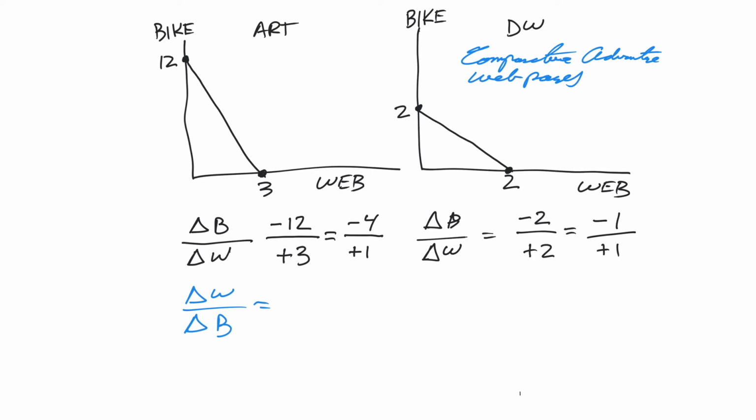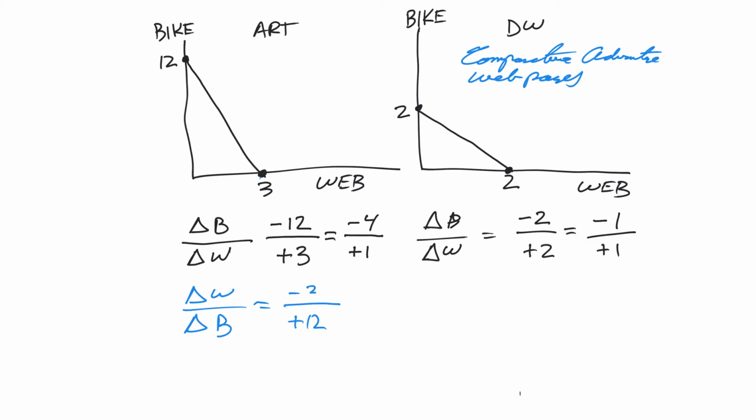and we decide to go from 0 up to 12 bike repair, okay, so we're going to increase bike repair by 12. What's that going to cost us? Well, we're going to have to go down from 3 to 0 web pages.